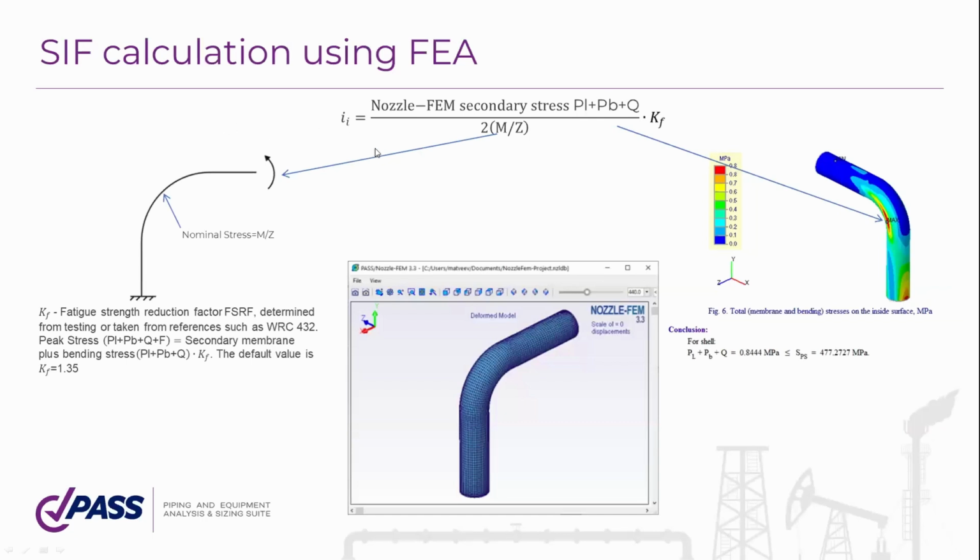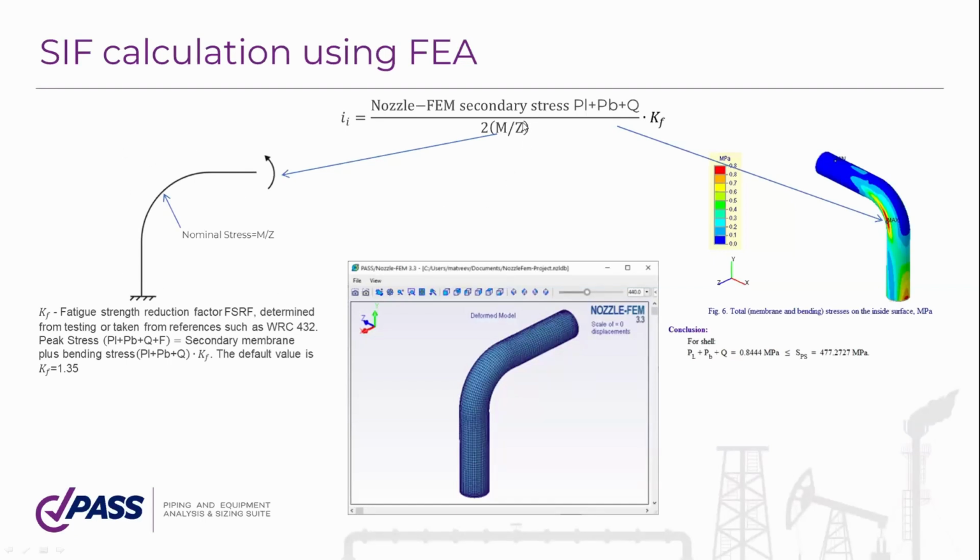How can we calculate the stress intensification factors using finite element software? To do this, we need to create two models. The first model is the finite element model using, for example, shell elements, and we can calculate the maximum peak stress from this model. We also should create the second model, a beam model, and calculate the maximum stress from the beam model.